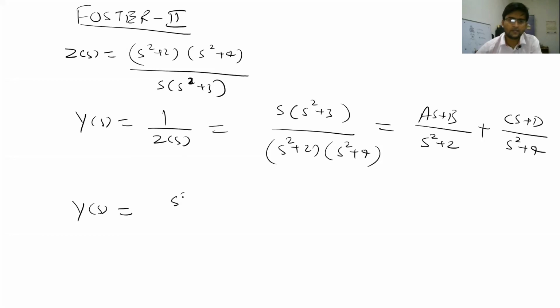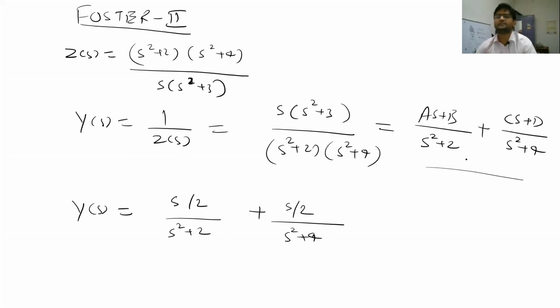Y(s) is equal to, we will get s by 2 divided by s square plus 2 plus s by 2 divided by s square plus 4. So you can solve this partial fraction and check whether the values of a and c come out to be 1 by 2 or not. So it will come. So you got this function Y(s).